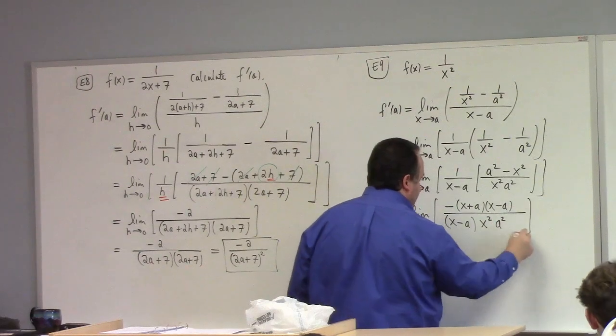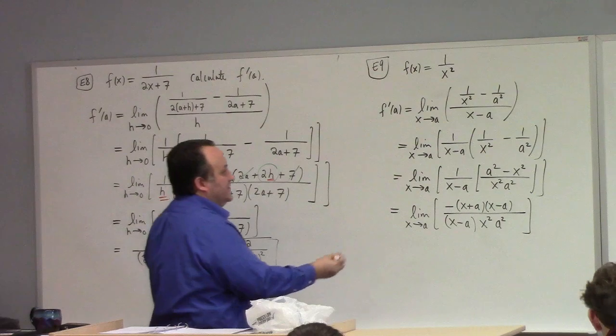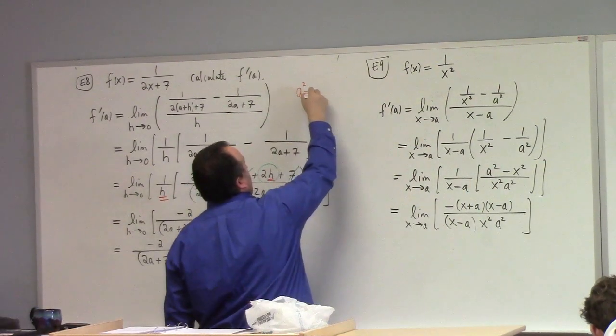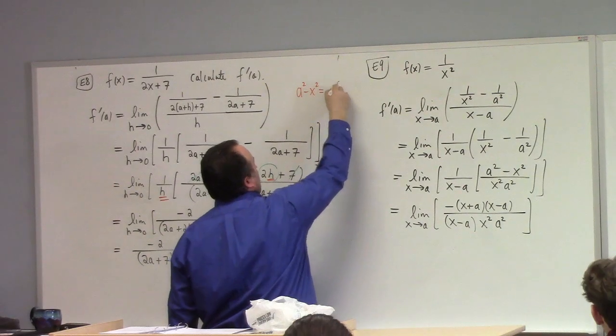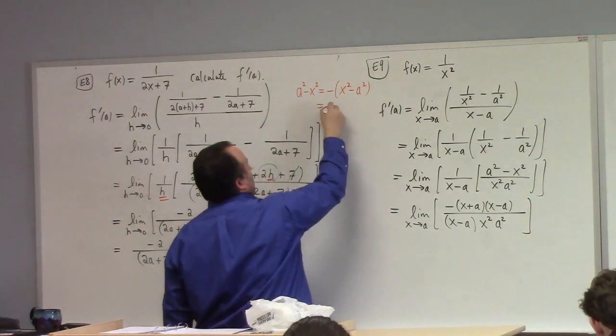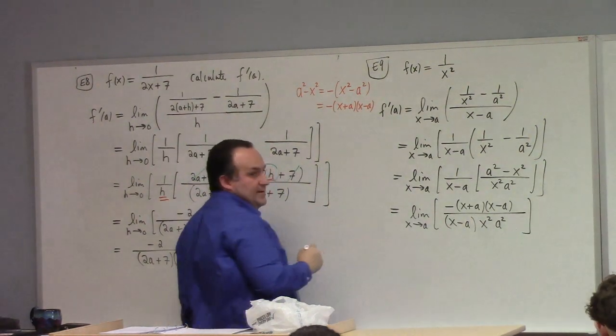Now what I did there, guys, is I just made my life a little bit easier because you see I've got this a squared minus x squared, right? It's easier to look at that as minus parentheses x squared minus a squared, at which point I can easily see that's x plus a times x minus a, right?